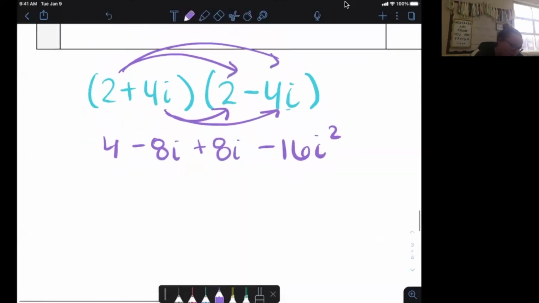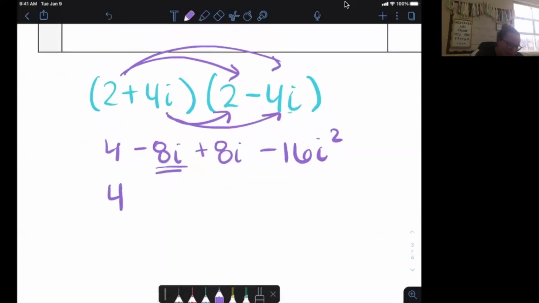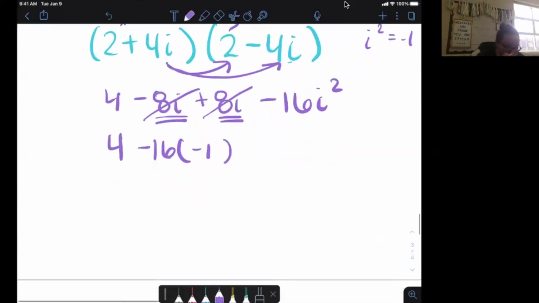Well, wait a second. What's negative 8i plus 8i? Don't those cancel? It's 0, right? So this would be 4 minus 0, which is just 4. And then negative 16i squared, well, isn't i squared equal to negative 1? So I just replace i squared with negative 1, and I get negative 16 times negative 1, which is positive 16, so 4 plus 16, which is 20.